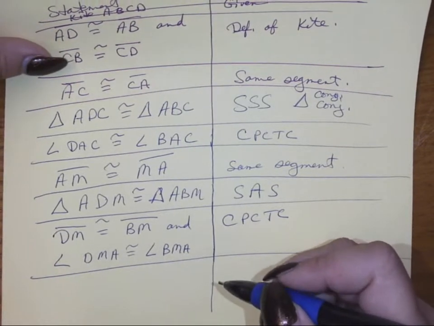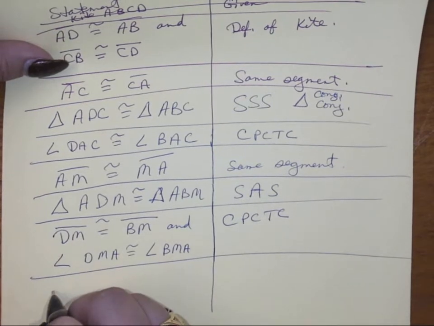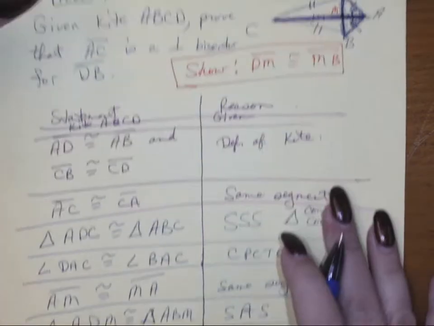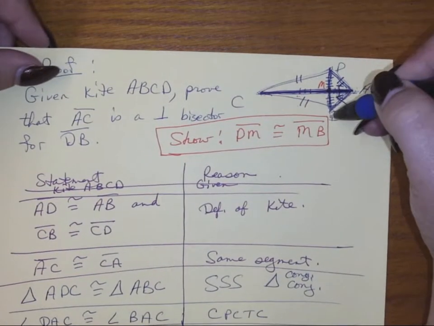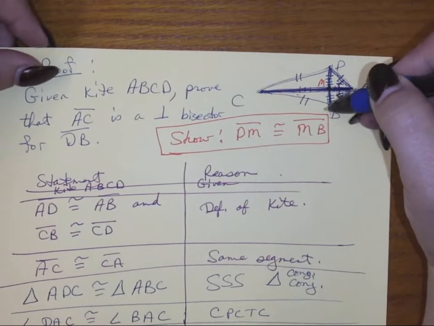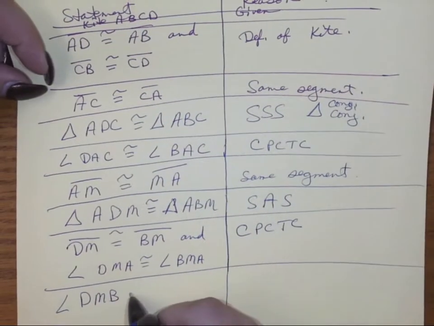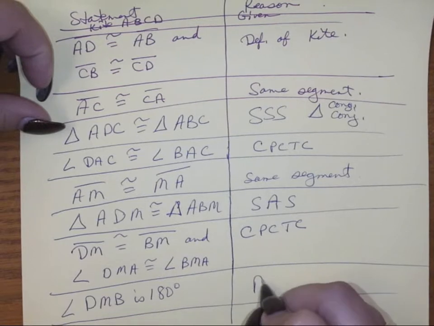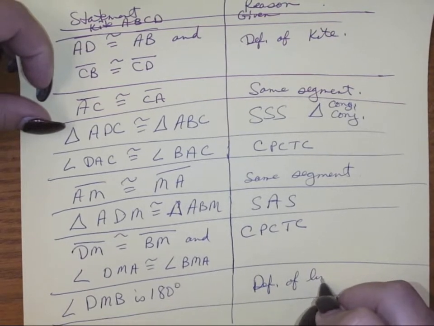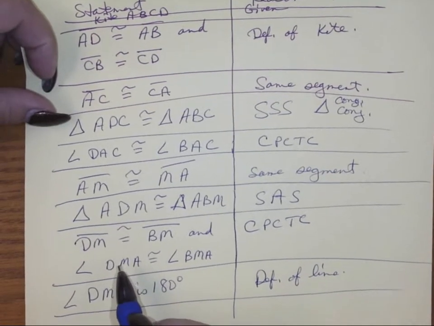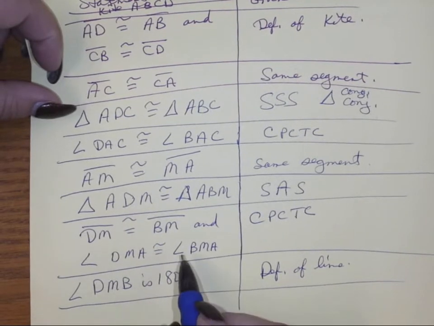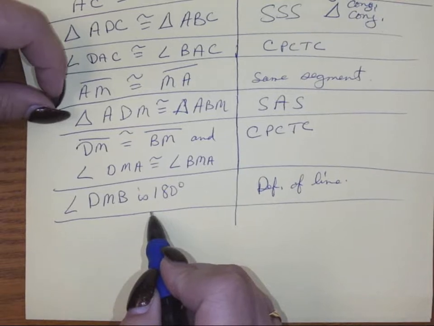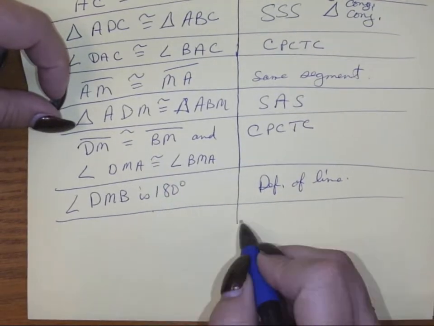So whenever I look at that, I see that angle DMB, now that's this straight line angle through here, right? It's a straight line, DMB, is 180 degrees. That's the definition of a line. Okay, and I see that these two are congruent to each other, and they together combine to give me 180 degrees.